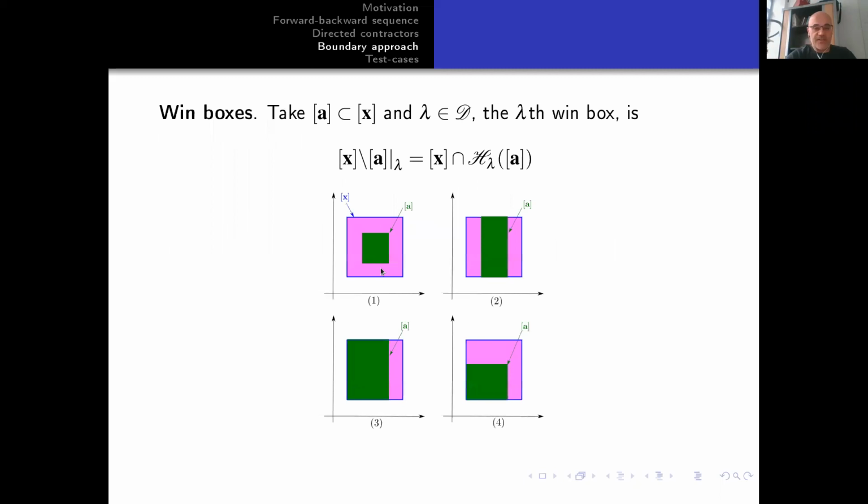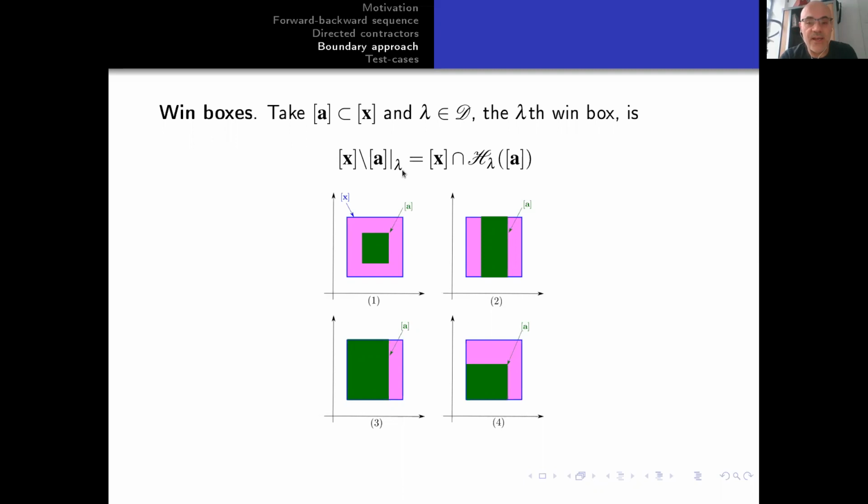So let me also introduce a notion before explaining the backward propagation. If here I have two boxes, A and X, and I have also a cardinal direction. Since I am in 2 dimensions, I have 4 cardinal directions. So I can say north, west, south, east.